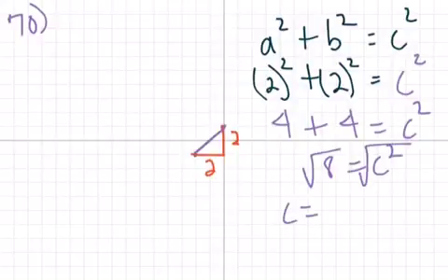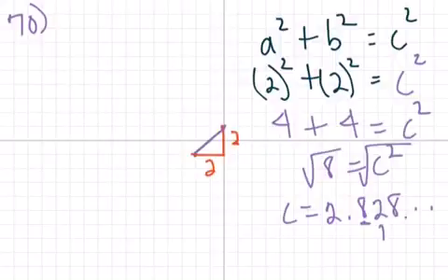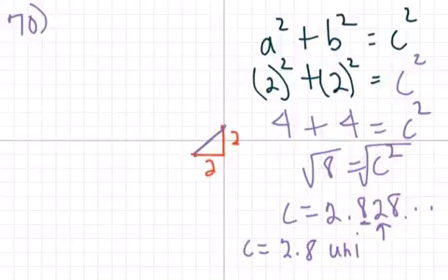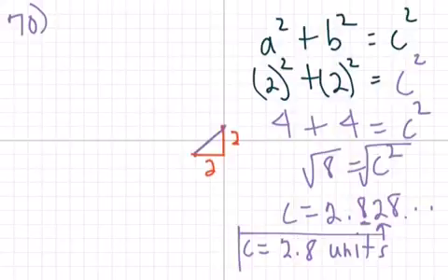The square root of 8 is 2.828... We need to round to the nearest tenth, but 2 is less than 4, so then the hypotenuse is 2.8, and you will most always see them write units, because we don't know what the units are for that problem.